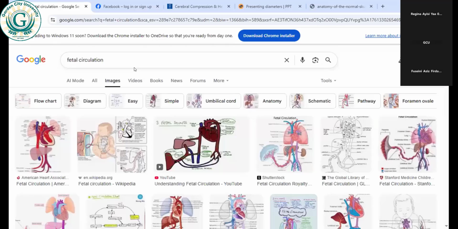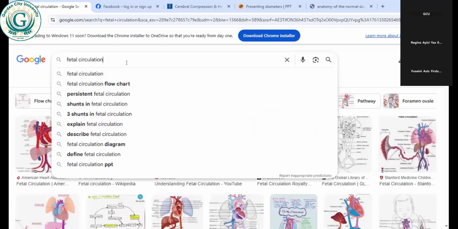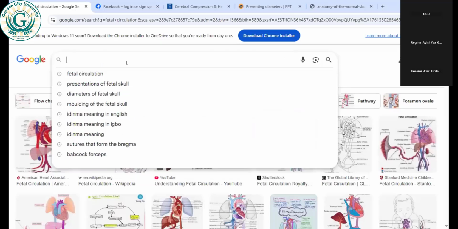Okay, so please, can we get the measurements for the posterior fontanelles? Well, unless I also search about that, but what I was taught in class is that it measures 1 to 2 centimeters. That was what my madam told me back in school. Okay, is it the length or the width, the 1 to 2? That's the length.